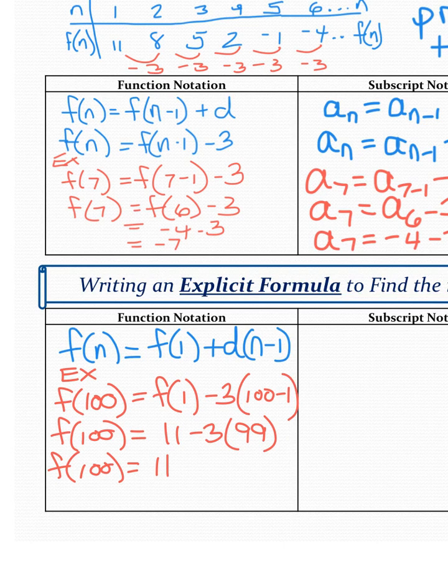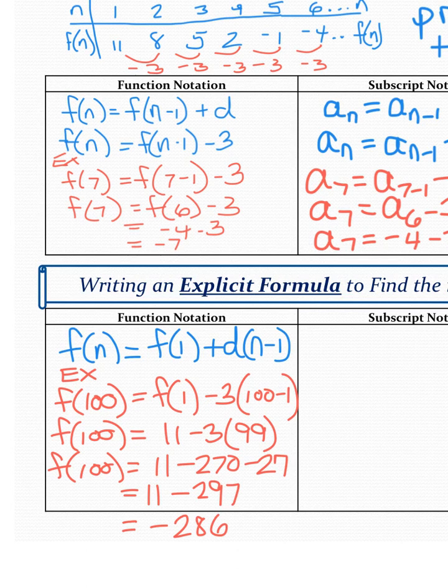I'm going to think of 99 as 90 plus 9. That way I could do the math in my head. So 3 times 90 would be -270. And 3 times 9 is -27. So I've got 11 minus 297. So that's going to give me -286. So that is the 100th number in this particular sequence.